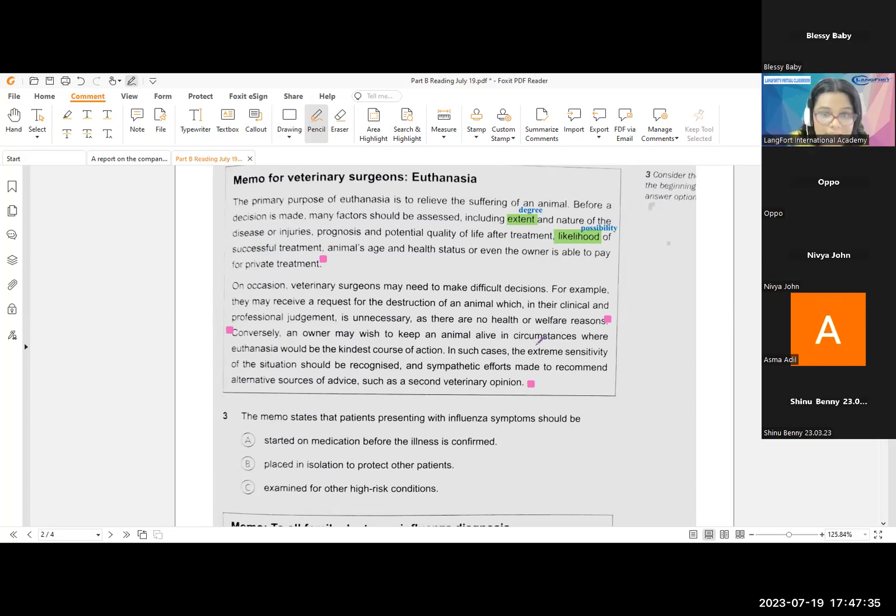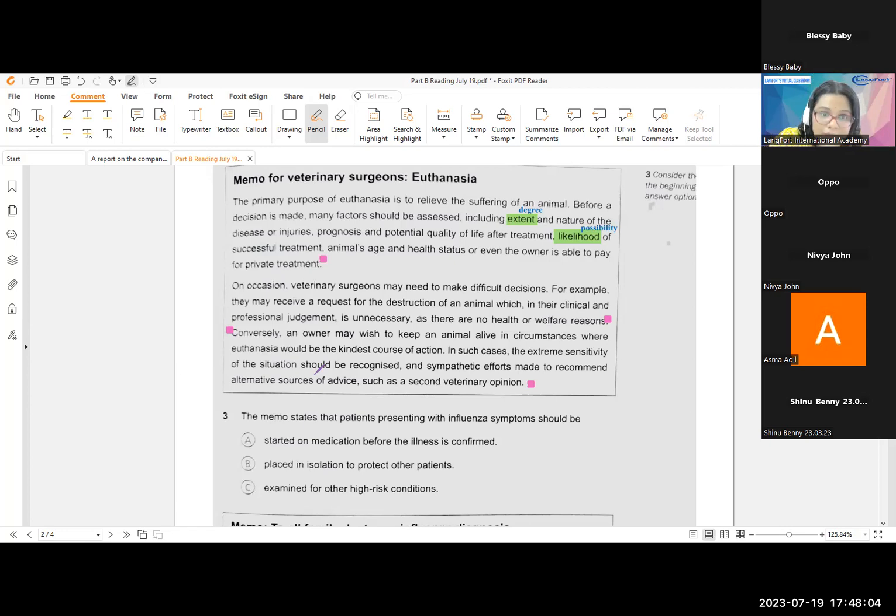So in such cases, you need to understand that this is an extremely sensitive, extremely delicate situation. Recognize that, and the surgeons need to make efforts to recommend other sources of advice, such as asking them to go for a second opinion. Because this is a very delicate situation, the owner might not agree to killing that animal. So you need to be sympathetic, and you can give other advice, and you can also ask them to take a second veterinary opinion.